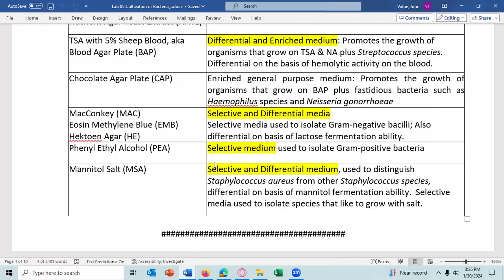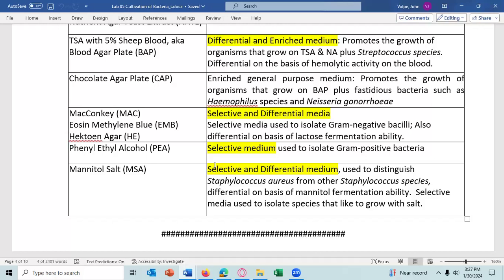The last media I want to talk about is mannitol salt agar. It is both selective and differential. It is selective in that it only allows high sodium growers to grow. Mannitol salt agar is 7% sodium chloride, and that will prevent most bacteria from growing.